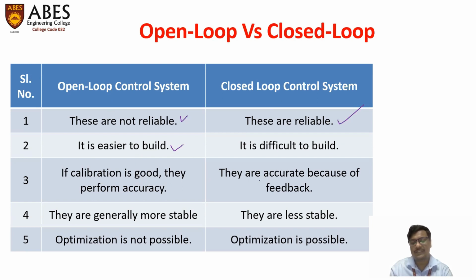In the closed loop system, accuracy basically depends upon the feedback. Open loop systems are more stable, while closed loop systems are less stable. In the open loop system, if disturbances happen, it cannot damp out the disturbances. But in the closed loop system, they automatically damp out the disturbances by using the feedback loop.